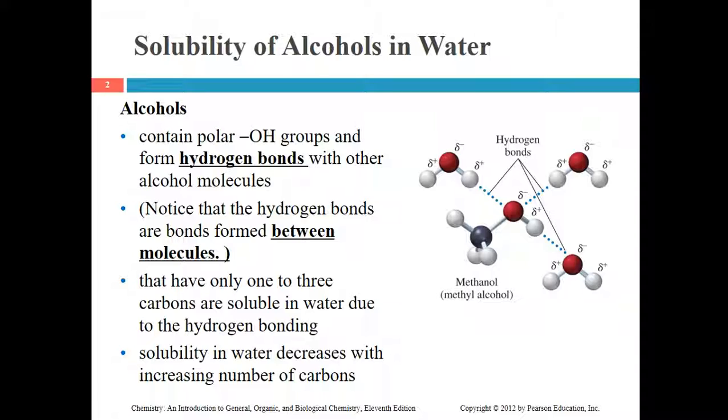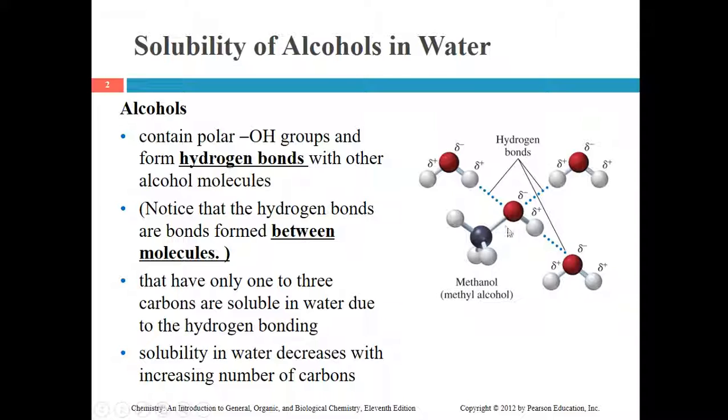Alcohols that have only 1 to 3 carbons are soluble in water due to the hydrogen bonding. If we look at this example on the right, we have a 1 carbon alcohol, methanol. We have our carbon group here, our oxygen, and our hydrogen here.